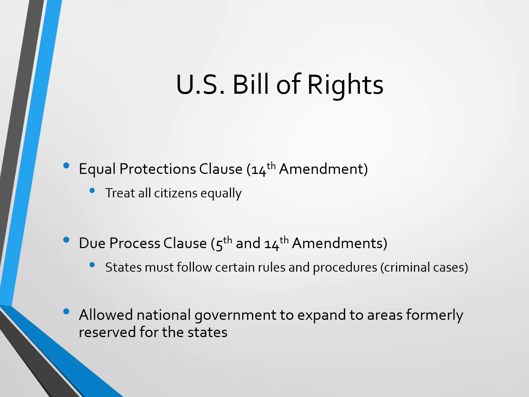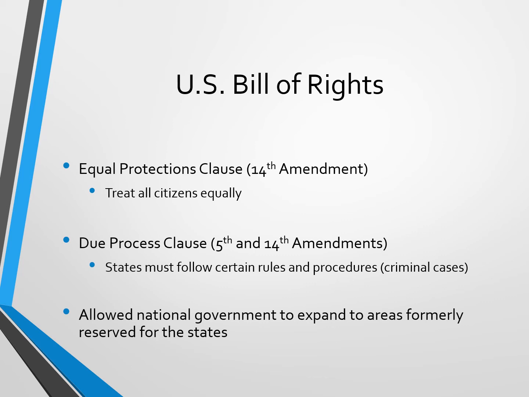Then we have the Due Process Clause, and those are the 5th and the 14th Amendments. They say that states must follow certain rules and procedures, especially when it comes to collecting evidence in criminal cases. You have to be given due process. People have to let you know that you're being charged and what your rights are.